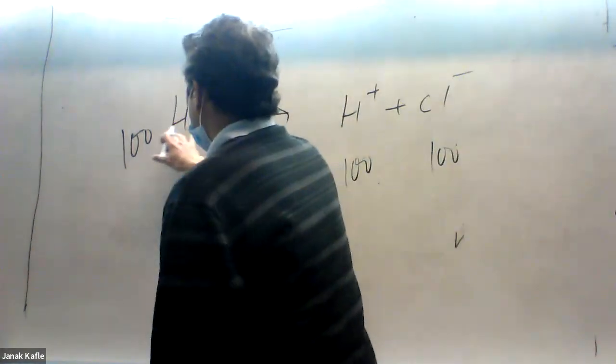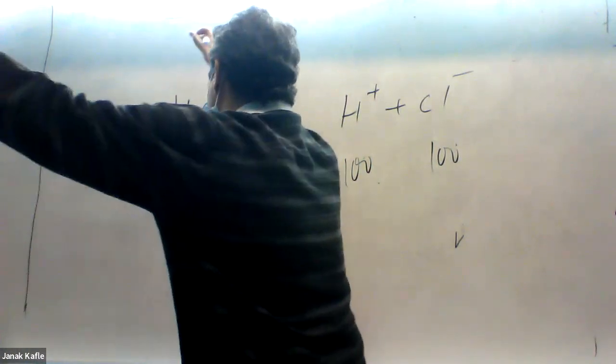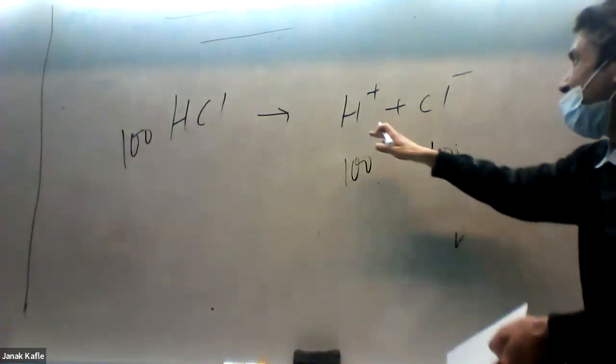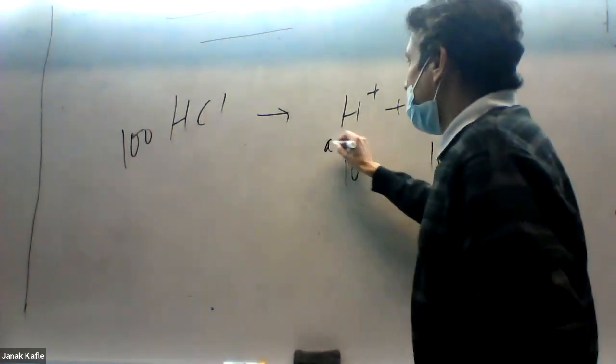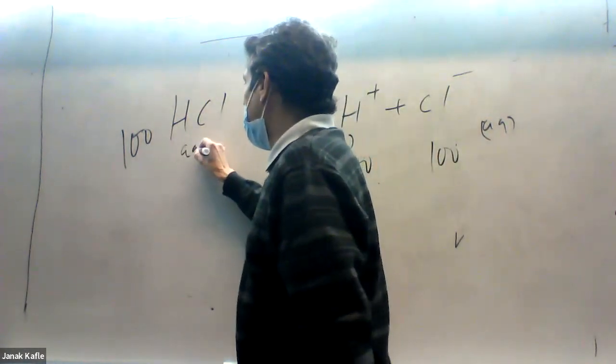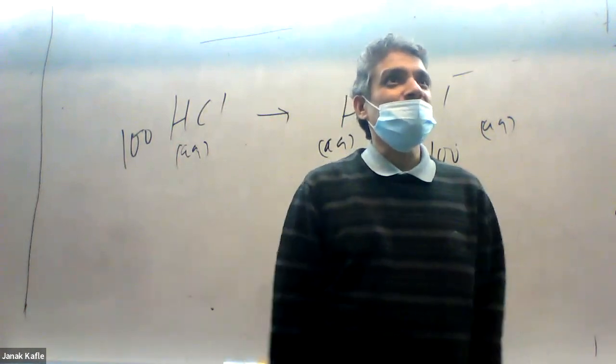Why? If you throw 100 molecules of HCl in water, all 100 molecules break to give H plus and Cl minus, like that. So they are called strong acid. Everyone got that? Everything breaks, right?